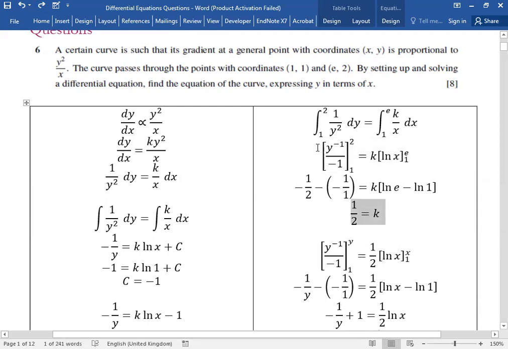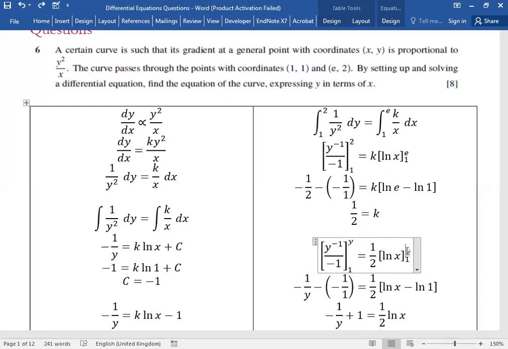Again, we have already integrated. Now what will we say? Listen to this. When y is 1, x is 1. When y is y, x is x. So instead of putting values as limits, we can put variables as limits.